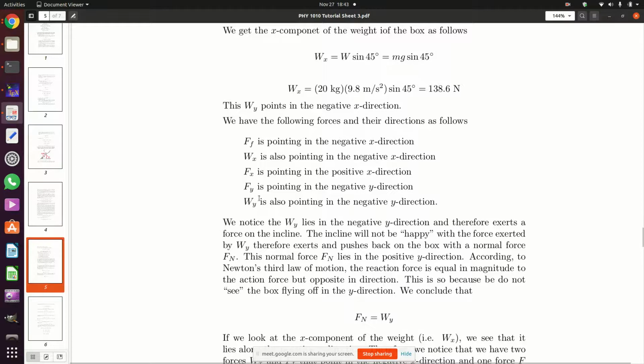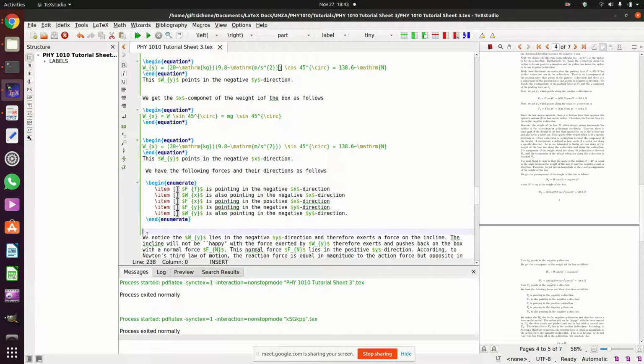So these two forces, Fy and Wy, pointing in the negative y direction, they exert a force on the incline. Is that clear? This one, Ff and Fy, they apply a force on the incline. Is that clear?